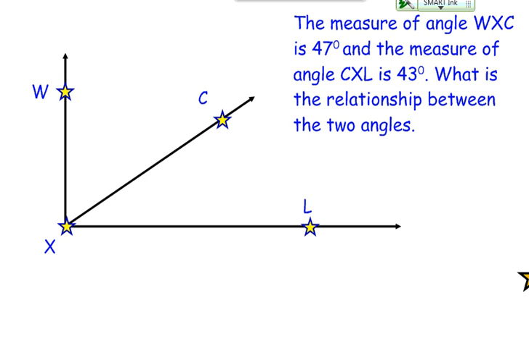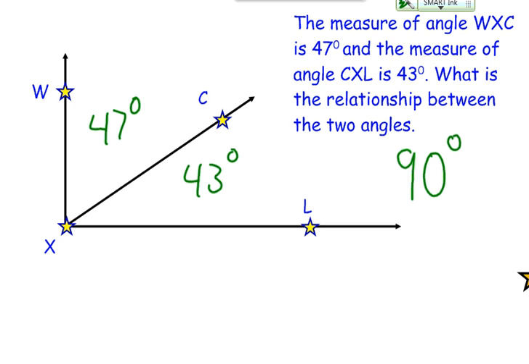It says the measure of angle WXC is 47 degrees, and the measure of angle CXL is 43 degrees. What is the relationship between the two angles? So we see that this angle is equal to 47, and this angle is equal to 43. If we were to add these two angles together, 43 plus 47, we would get the answer of 90 degrees.